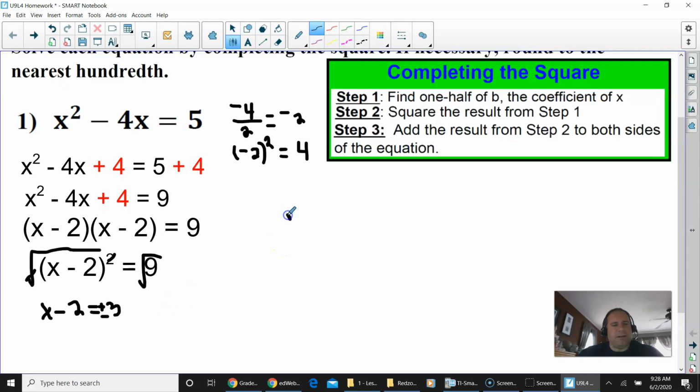So I'm going to go up here and just put those two equations down. X minus 2 equals 3 and x minus 2 equals -3. You just go ahead and solve those now.